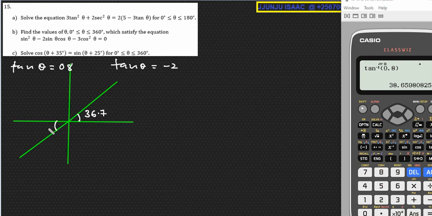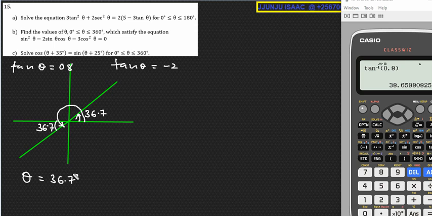So it is the same angle here, 36.7. So we need to find the angle from 0 to 180. Now the next angle will be out of the range, because we shall get 180 plus this. So we are stopping on this first angle here. So we have theta as 36.7 degrees.